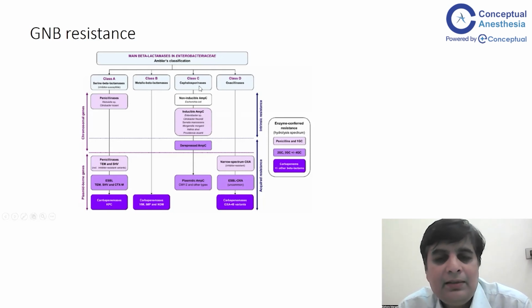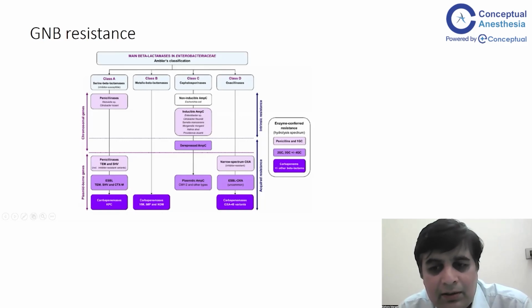In class C we have cephalosporinase. In this class C we have majorly AmpC mechanism of resistance. In that you have non-inducible, inducible, and de-repressed, and then you will have plasmid AmpC as well. They give resistance to different types. Like in inducible AmpC, you will see penicillin, some first generation cephalosporin.